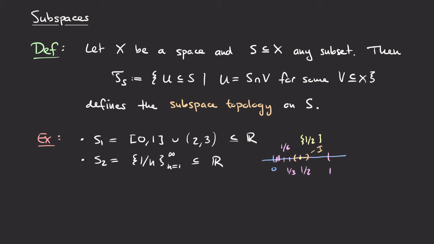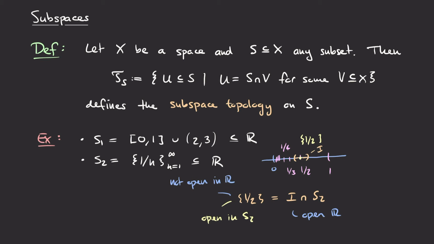And now we can write {1/2} as the intersection of this interval I with S2. Again, I is open in the real line, so by definition, the point 1/2 is going to be open in the subspace topology on S2.